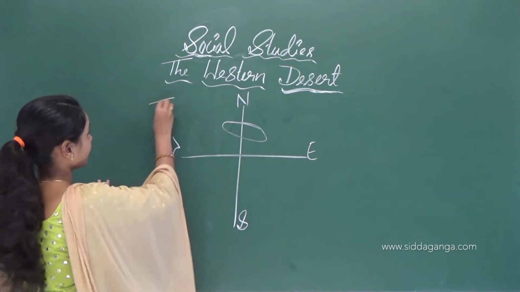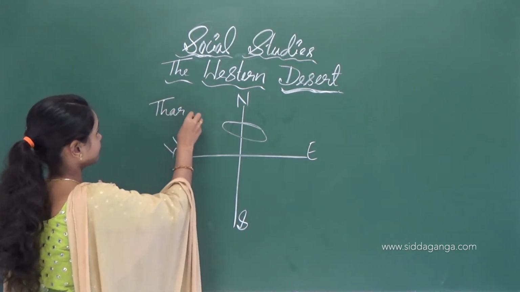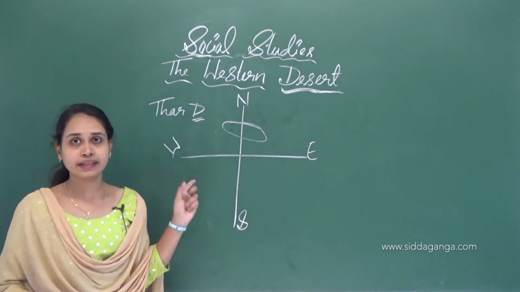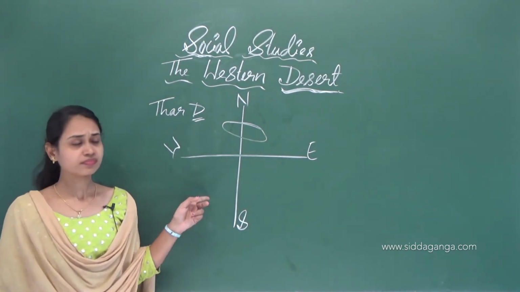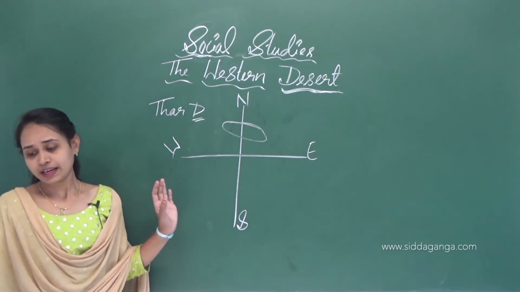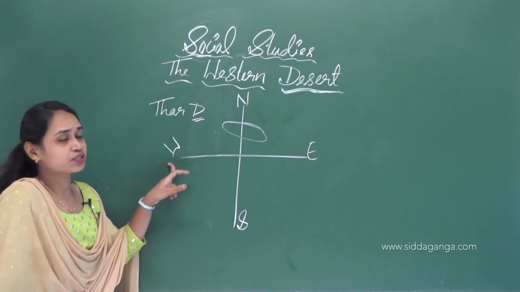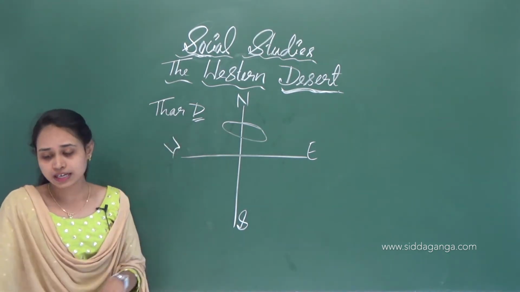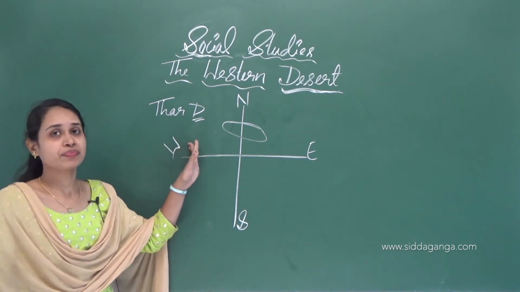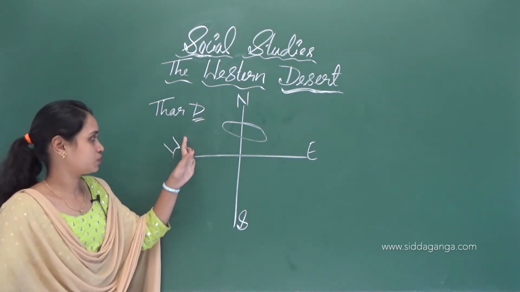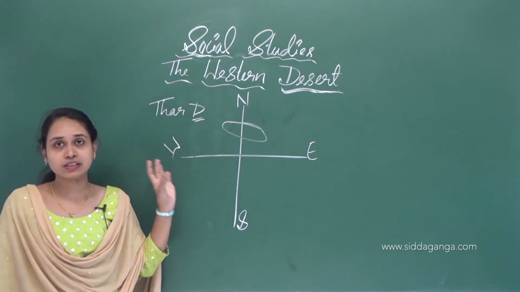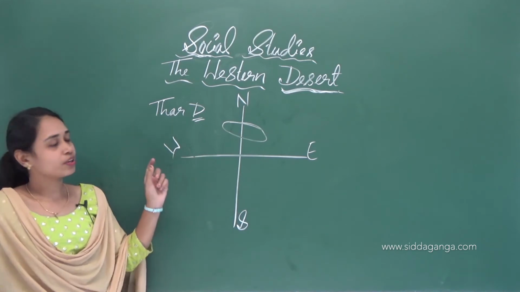Thar Desert, T-H-A-R. It is also called the Thar Desert. Where does it stretch from? It stretches from the Rann of Kutch in Gujarat to the border of Haryana.